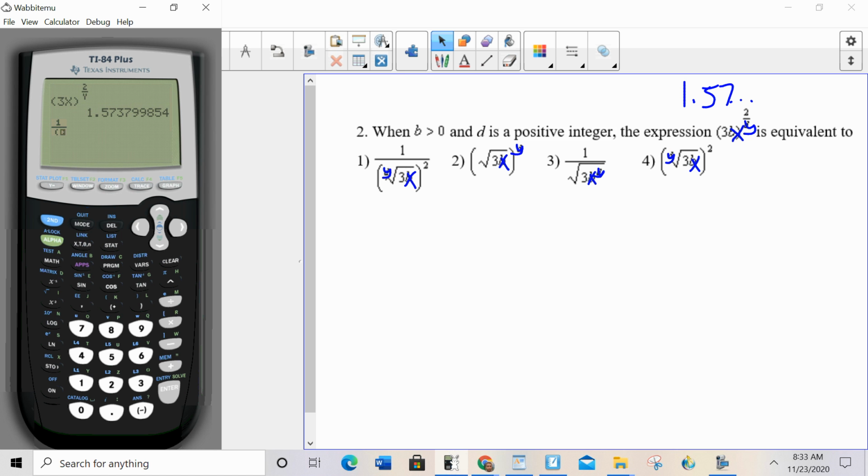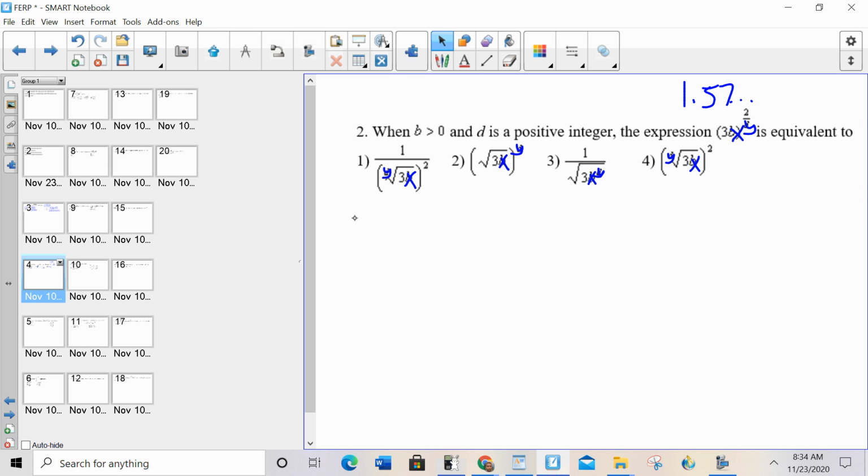So parentheses, then my y, then math option 5, 3x, parentheses, squared. Does that look right? Yes, that's 0.635. Not equivalent to my original, so I don't think that's my answer.